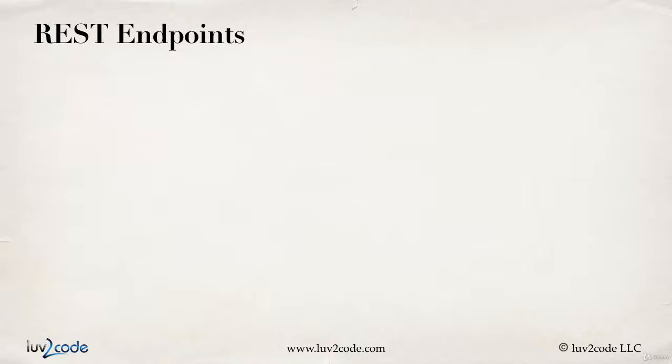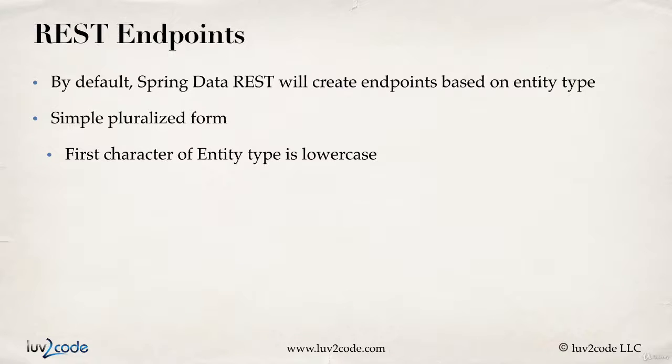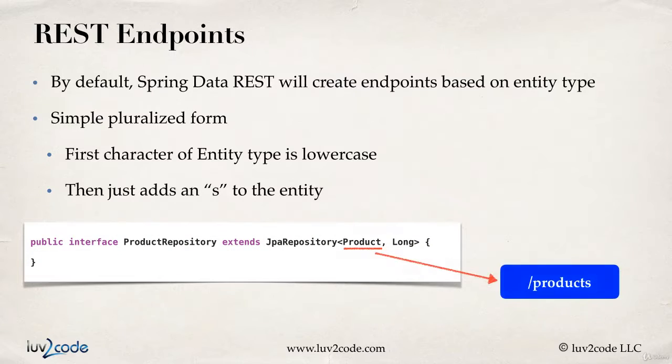So a bit more here on the REST endpoints. By default, Spring Data REST will create endpoints based on the entity type. It'll make use of this simple pluralized form. So it'll basically take the first character of the entity type and make it lowercase, and then just add an S to the entity. So in our example of our product repository, extends JPA repository, product, comma, long. It'll basically expose an endpoint called /products. So we take product, simply add an S to it.